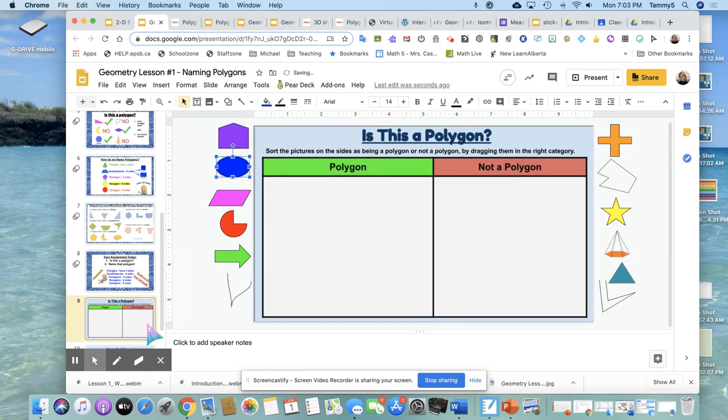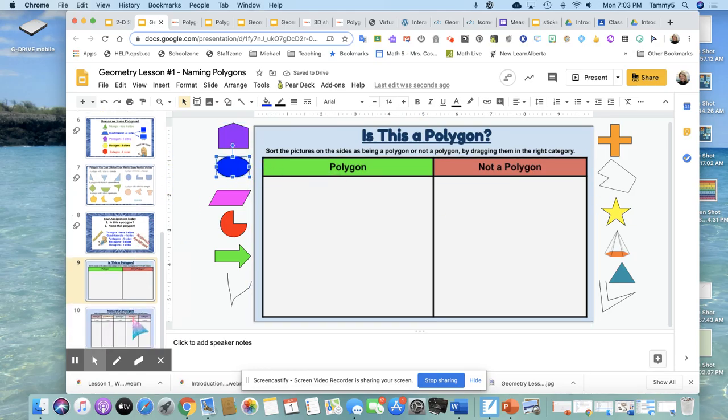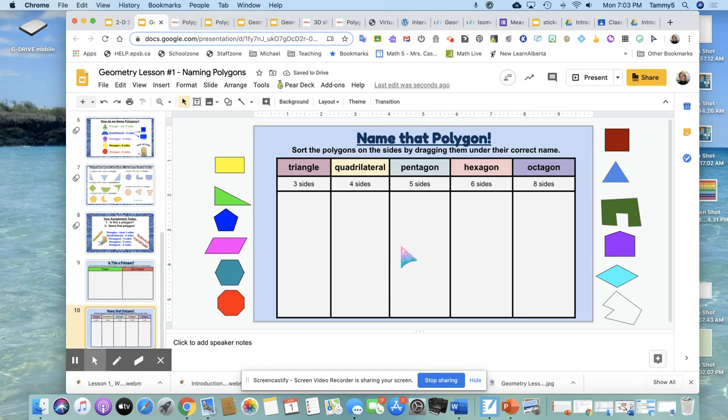And let's take a look at the second part to this assignment. Slide number 2 is called Name That Polygon. You're going to sort the polygons on the sides by dragging them under their correct name. So you're going to put all of the triangles that you see over here, under this category here. The shapes that have 3 sides are triangles.